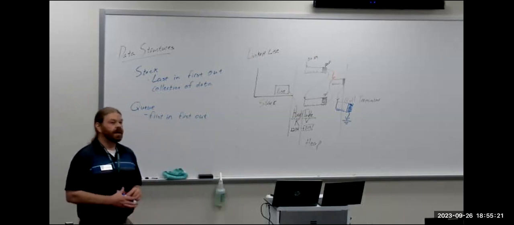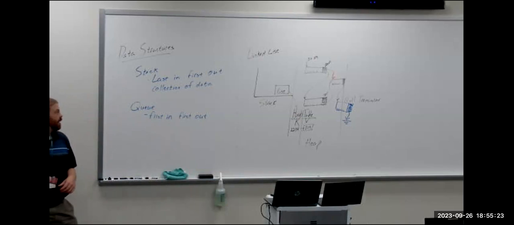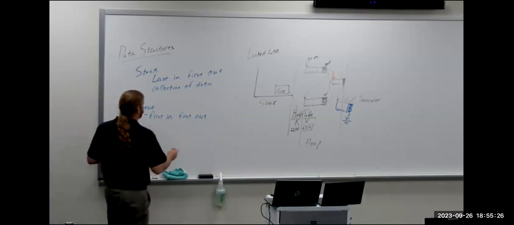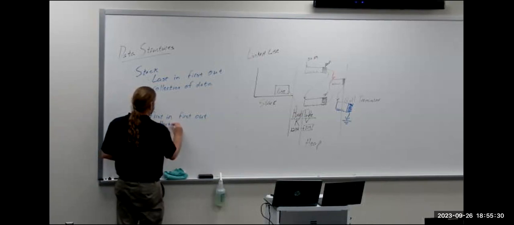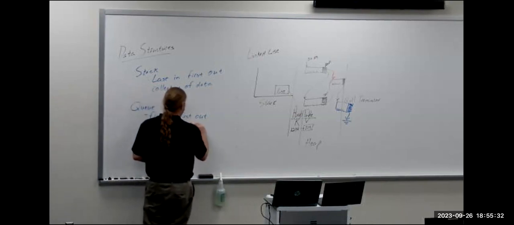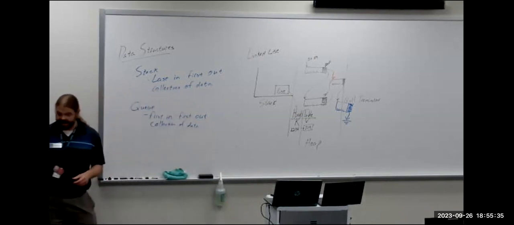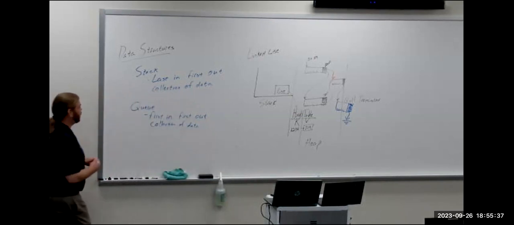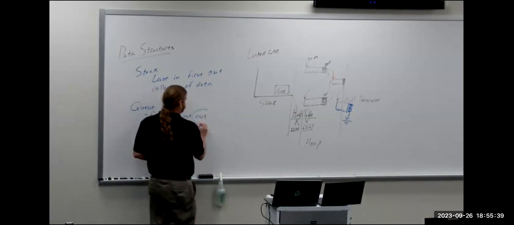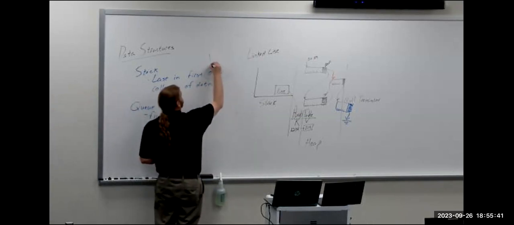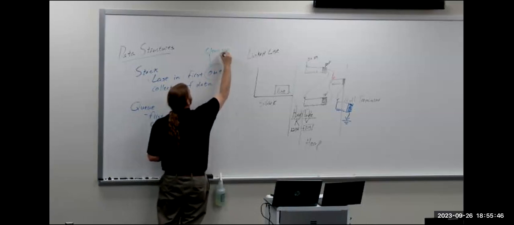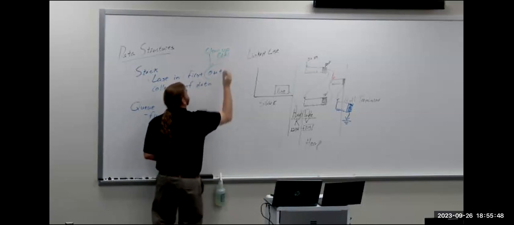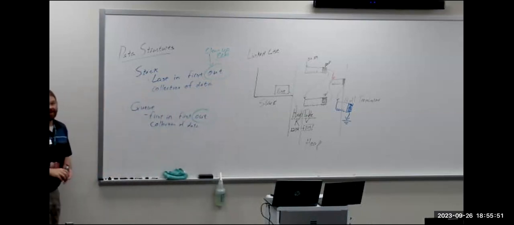It goes in order. Those are probably the two most common first in, first out collections of data. And again, the big important part is this out. So they automatically clean up after themselves when they're done.